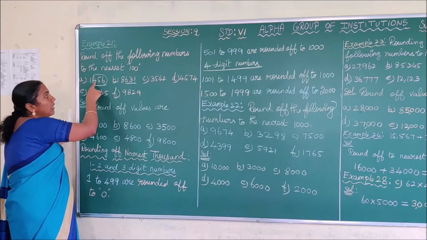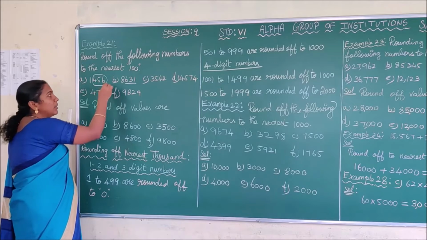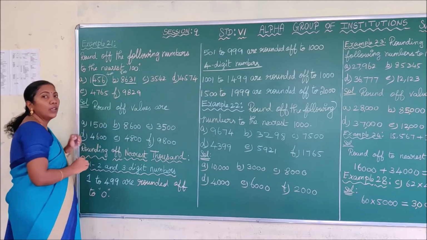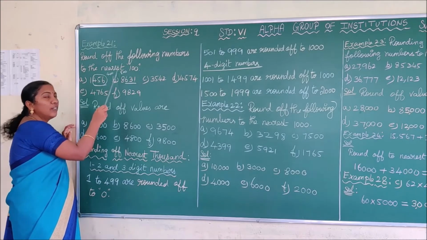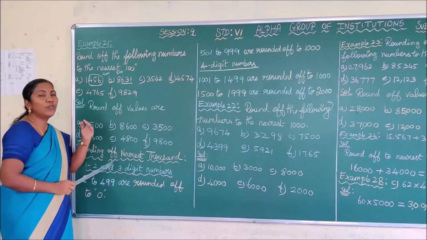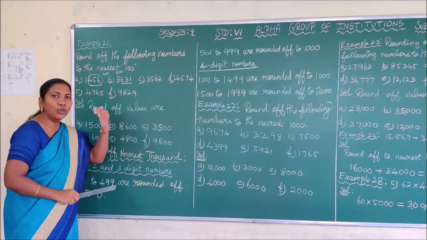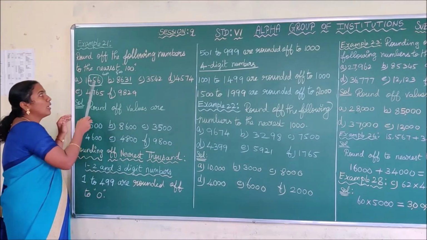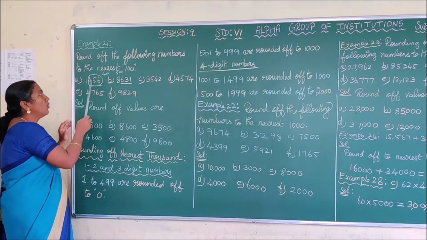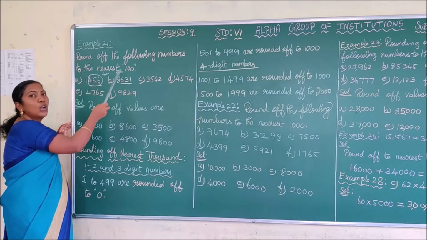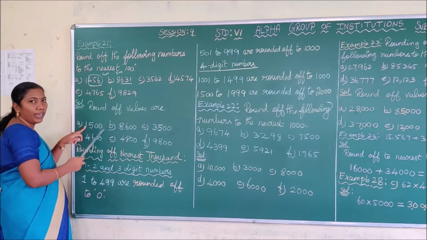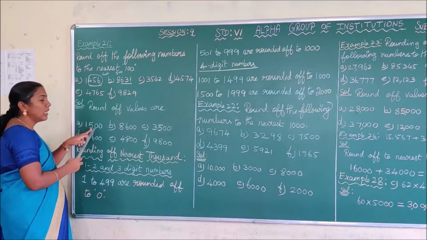This 456 lies between 400 and 500. Okay. Before 450 numbers are rounded up to 400, and from 450 they are rounded up to 500. Here we have 456, so it is from 450. So you have to round up this 456 to 500. Thus 456 is rounded up to 500. So your answer is 4500.